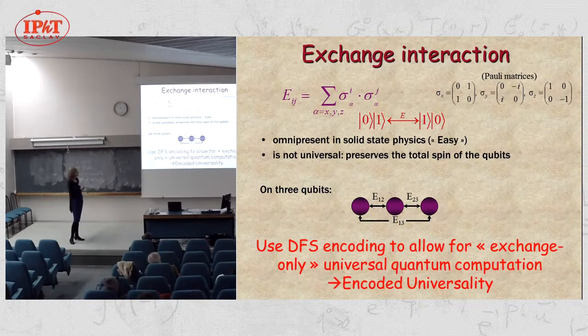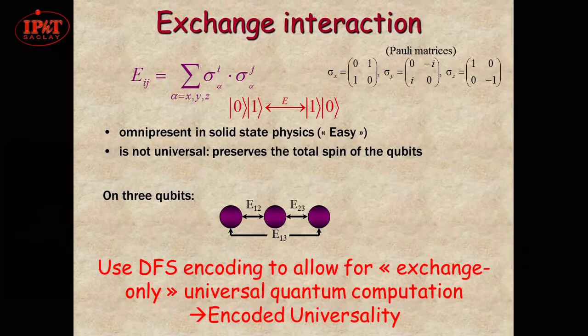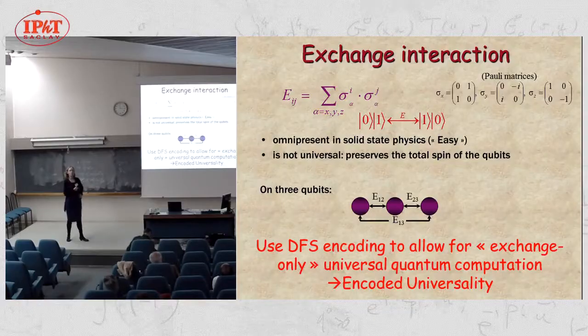And on 3 qubits, here is a model. So here's the crucial idea that we use this encoding, which we have obtained from the theory of decoherence-free subspaces, forgetting about those entirely, just using the encoding, to allow for exchange-only universal quantum computation. Okay, so we encode the qubit into 3 qubits. That's the price we pay.